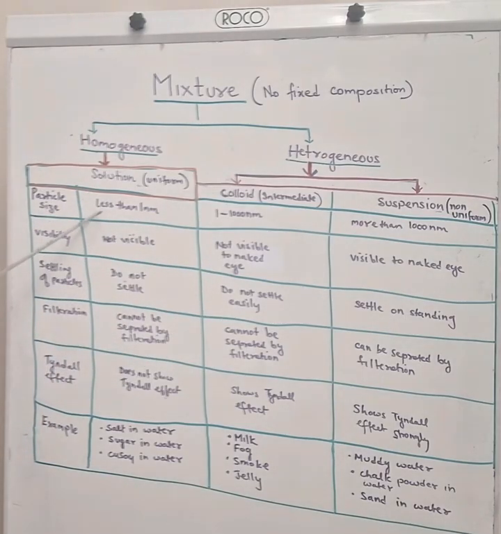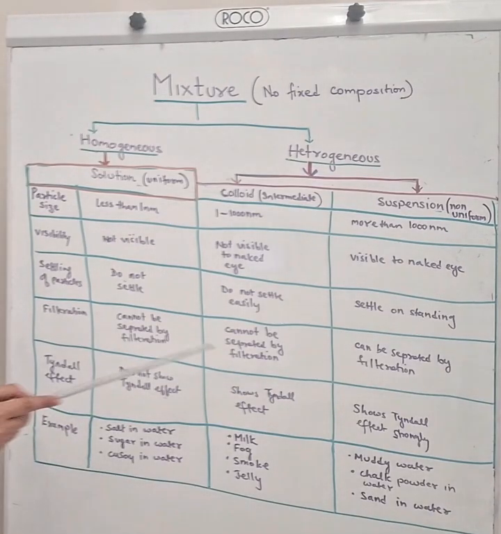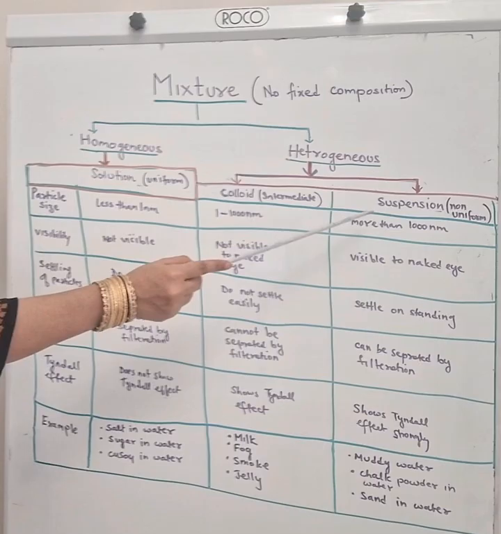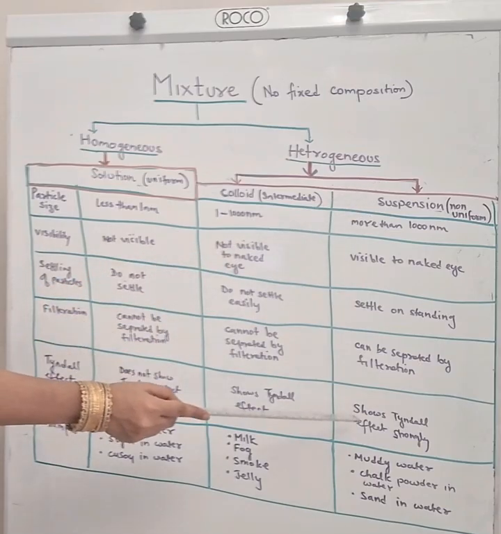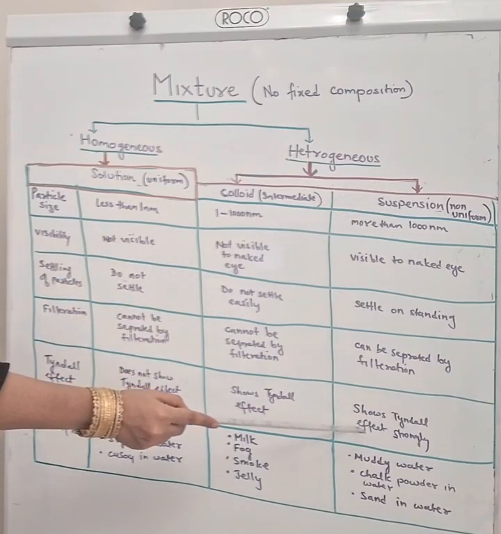Since the solution particle size is very small, the solution does not show the Tyndall effect. But in a colloid, we see the Tyndall effect because its particle size is more than that of a solution, in the range of 1 to 1000 nanometer.